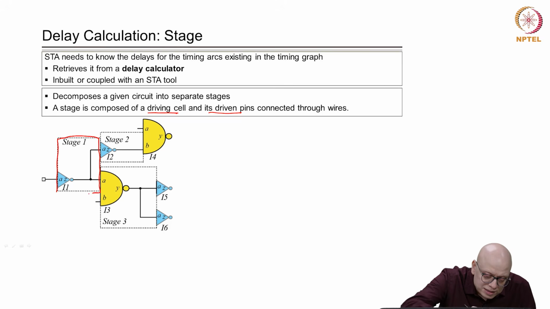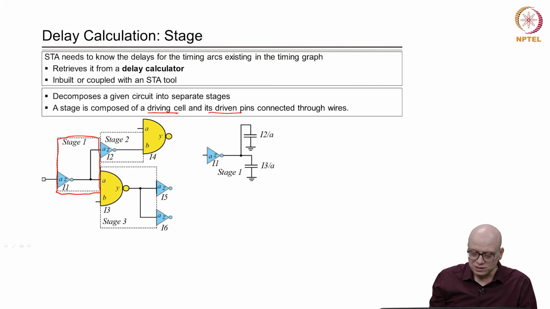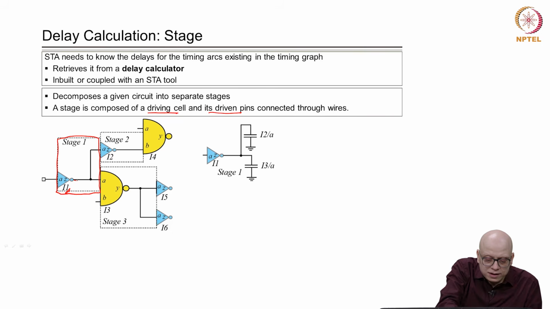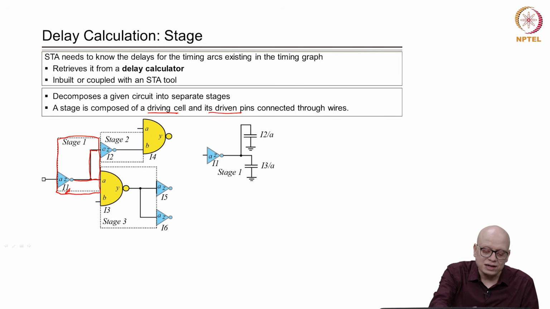Now, what does this stage comprise? This stage comprises the driving cell, I1, right. So, I1 is the driving cell, and it is driving this net and the pins which are driven by this net, that is I2A and I3A.